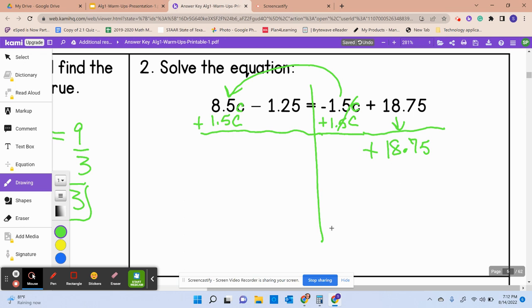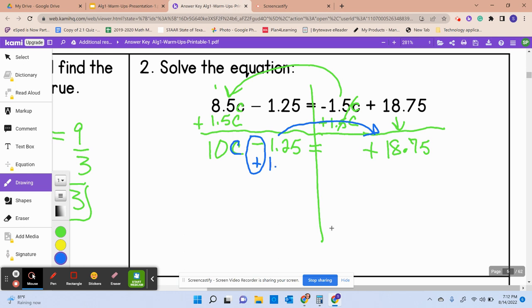This is going to be 0, carry the 1, 10, 10c, and minus 1.25. Don't forget your equal sign. Okay? Now, we need to get c by itself. So that means that since the 10 has the c, you have to move the numbers, the regular numbers, with the regular numbers. And we're going to do so by using the opposite sign from right here.